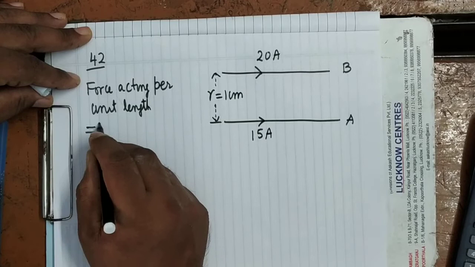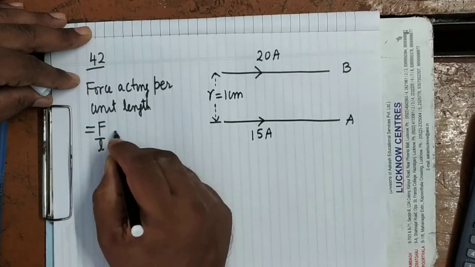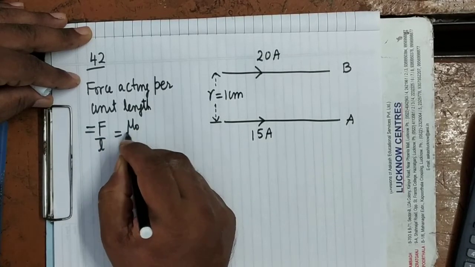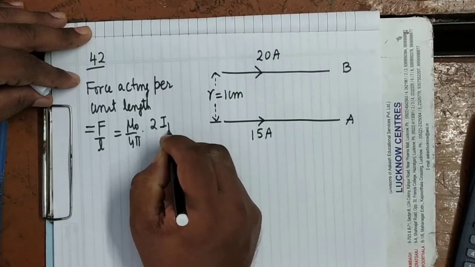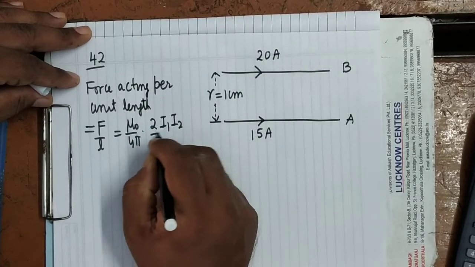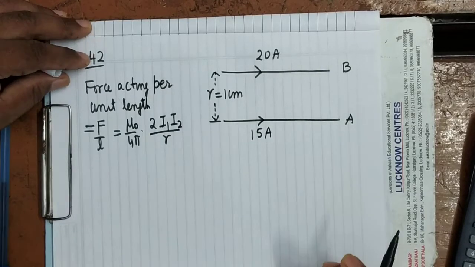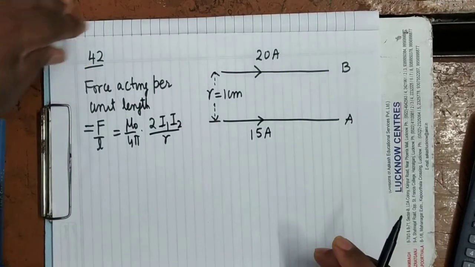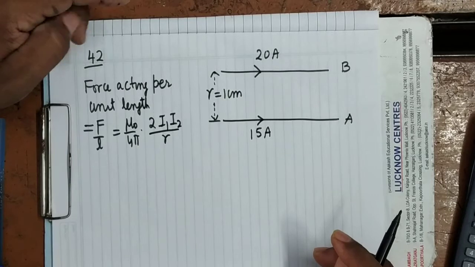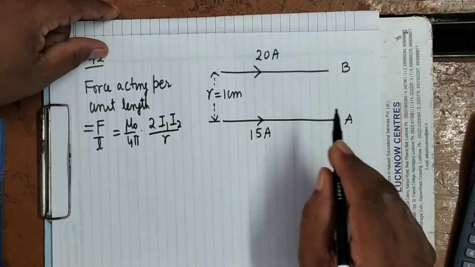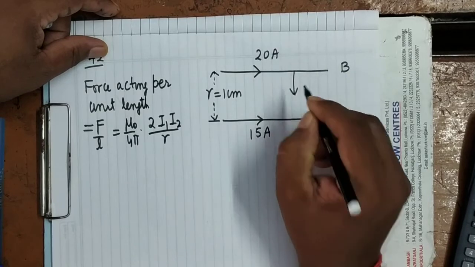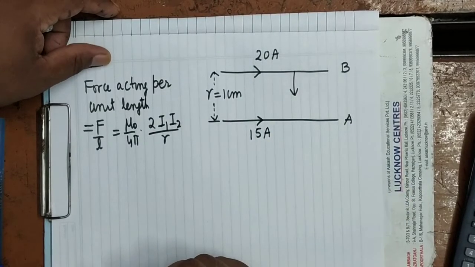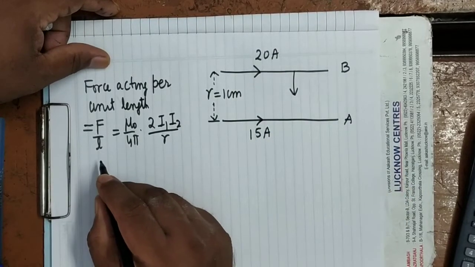F upon L equals mu naught upon 4 pi, 2 I1 I2 upon r. Now as we know, this force will be attractive if they are carrying current in the same direction, meaning wire A will pull wire B, meaning the force will act in the vertically downward direction. It is clear.